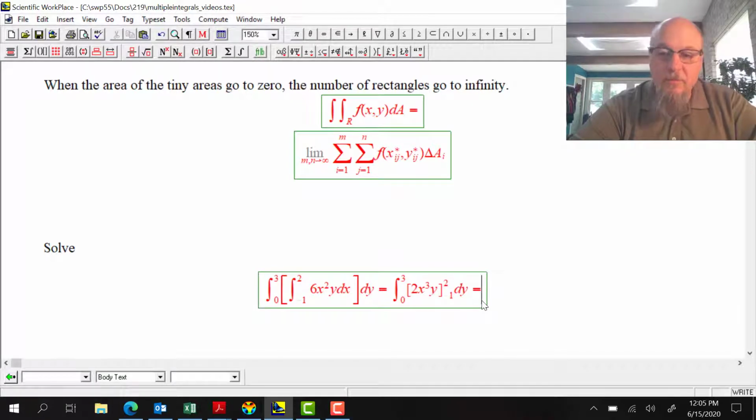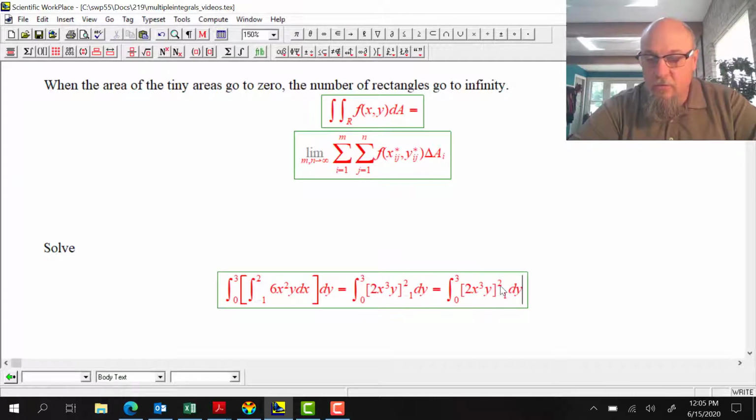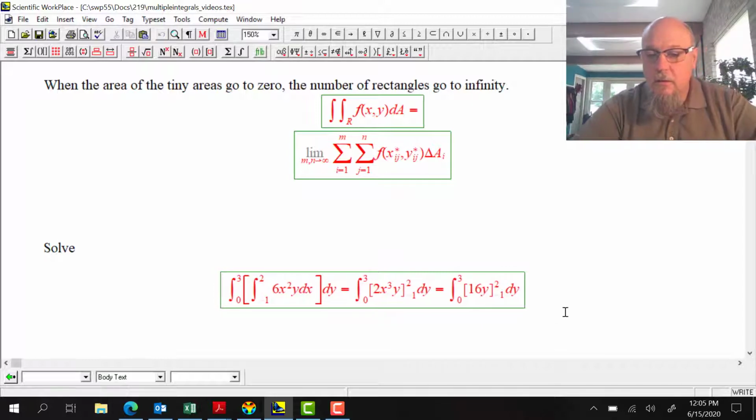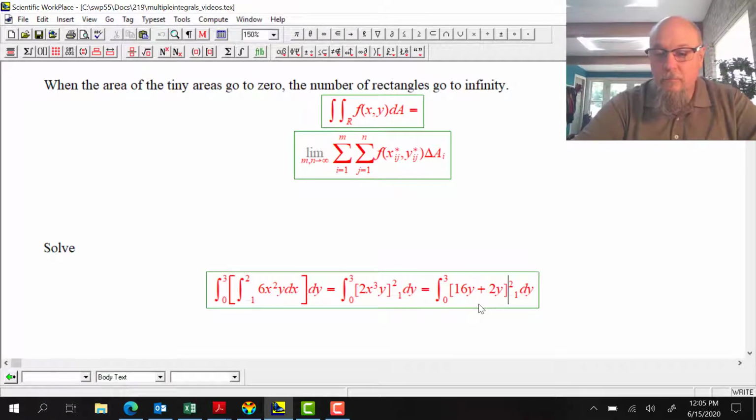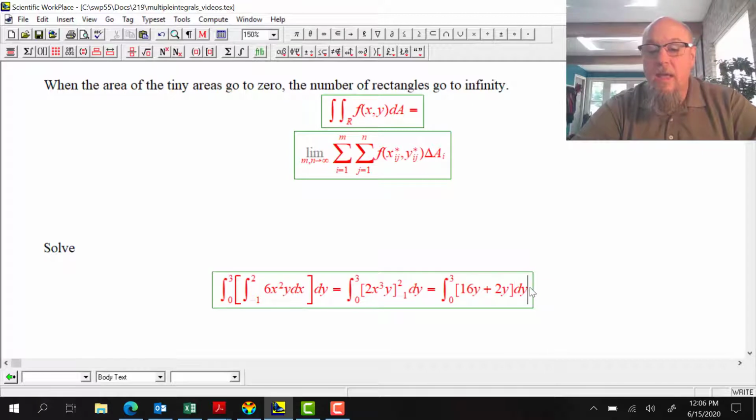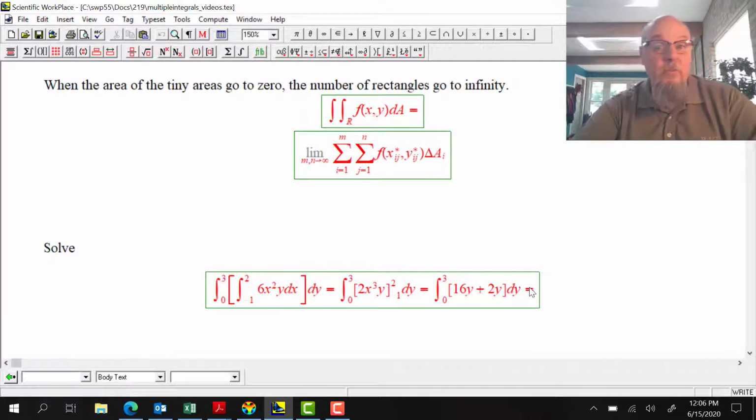Now let's sub in the top minus sub in the bottom. So when I sub into 4x, this becomes 16 minus, when I sub in a minus 1 for x, that's going to be a minus 2y, so minus a minus is a plus. And now the last thing we got to do is just do our integration with respect to y.